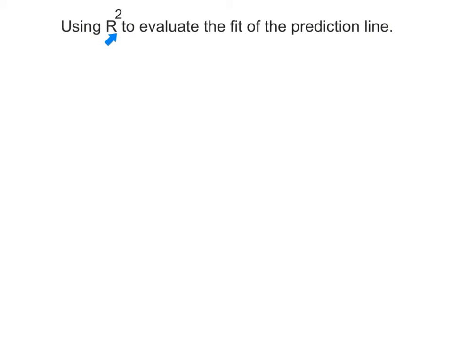We use R squared to evaluate the fit of our prediction line. R squared is equal to 1 minus the ratio of the sum of the square of the errors divided by the total sum of squares.